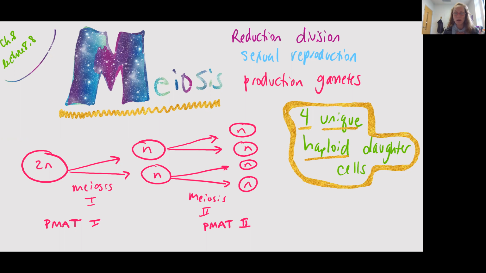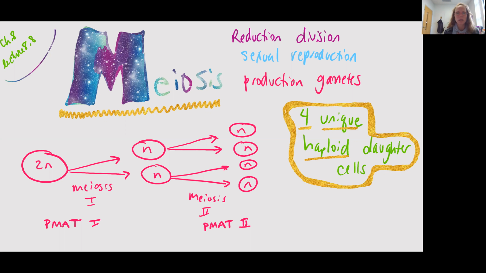So meiosis 1 is going to have prophase, metaphase, anaphase, telophase, but we're going to indicate them as prophase 1, metaphase 1, anaphase 1, and telophase 1. So PMAT 1. And then we're going to do it again for meiosis 2. This time we have 2 cells going through prophase 2, metaphase 2, anaphase 2, and telophase 2.